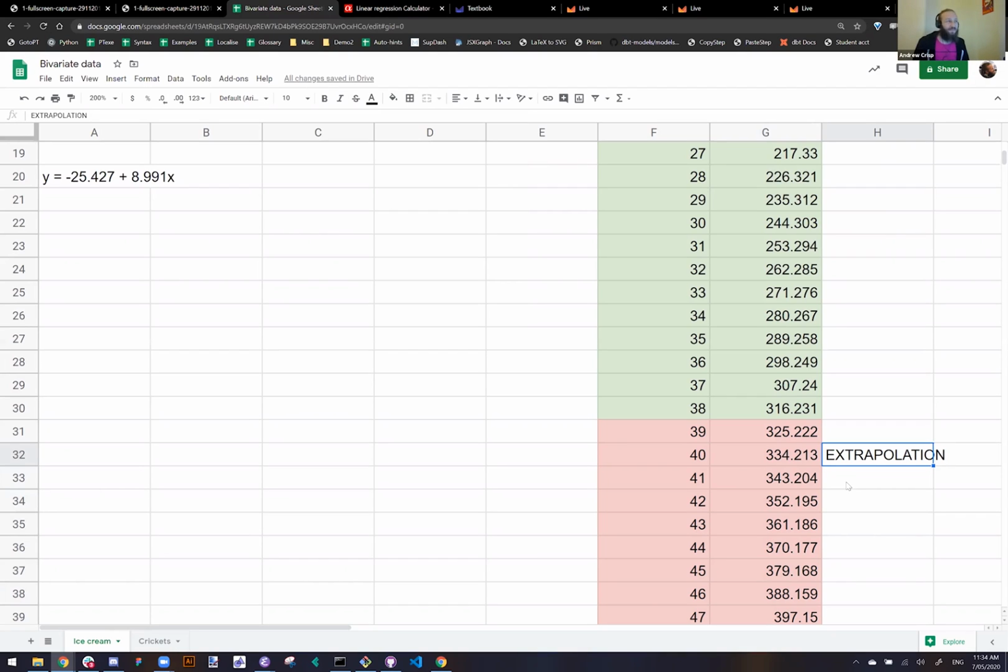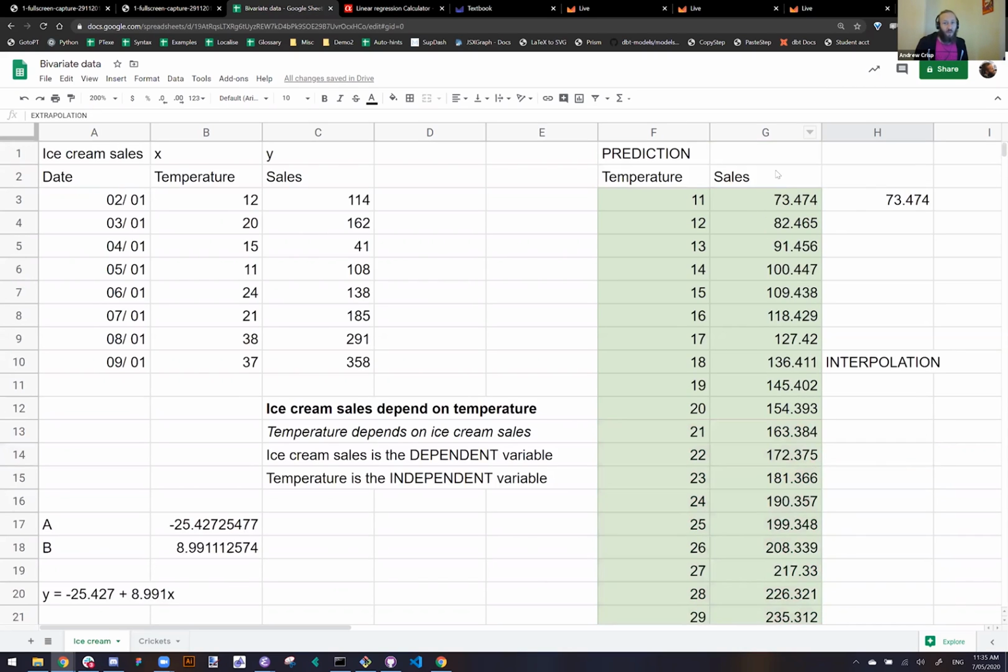And that's where the word comes from. It means going outside of something that you currently have a good understanding of and continuing the reasoning into new and undiscovered realms. But the interpolation zone is safe.